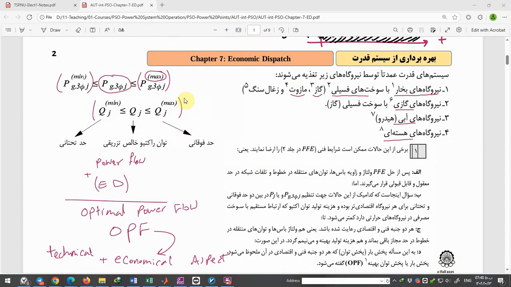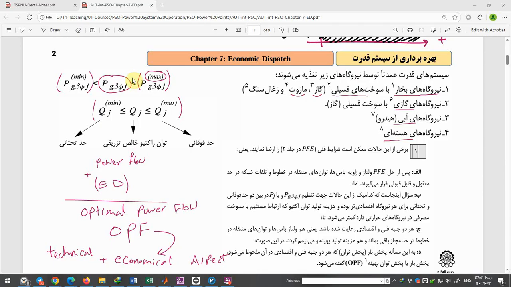And after that, we discussed about the limitation of each generator or power plant. The first limitation is that the active power or reactive power generated is limited between maximum and minimum, and it is impossible to suppose that a generator can generate active and reactive power as zero.